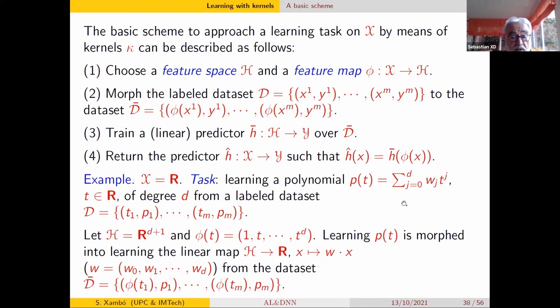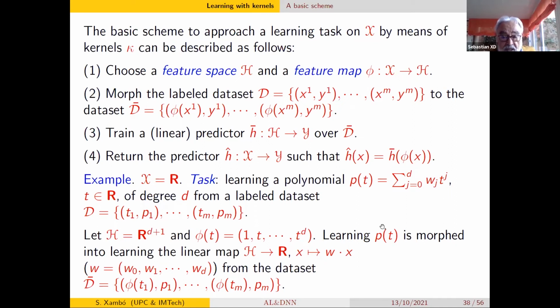Well, a very simple example, a very special case of the polynomial feature map, is this. Suppose you have a polynomial in the variable t, P of t, of degree d, and a labeled data set, which is m values of t and the values of the polynomial. Let's take as H the Euclidean space R of dimension d plus 1, and take as phi of t the vector of length d plus 1, 1, t, up to t to the d.